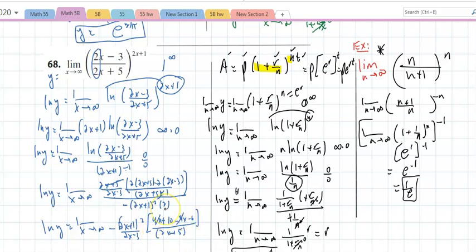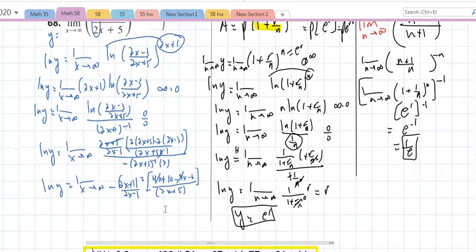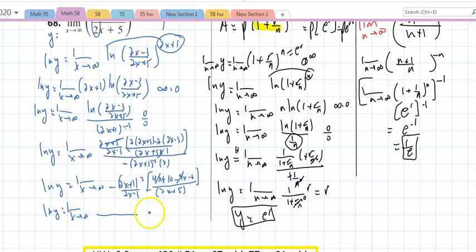Those cancel out, and I'm looking at natural log of y equal the limit as x approaches infinity. And let's see how this works. If I look at this, this is merely a 4. So I have 2x minus 3, 2x plus 5. I could divide by the highest power term of the denominator, which is x.